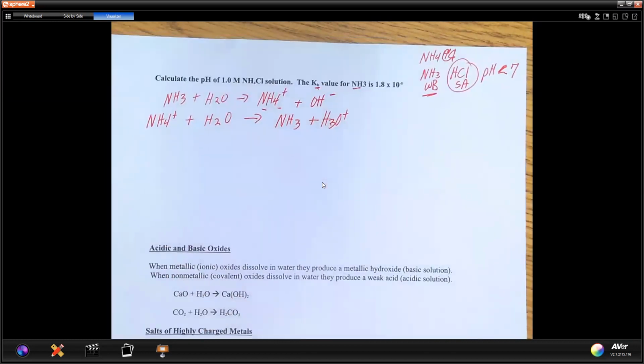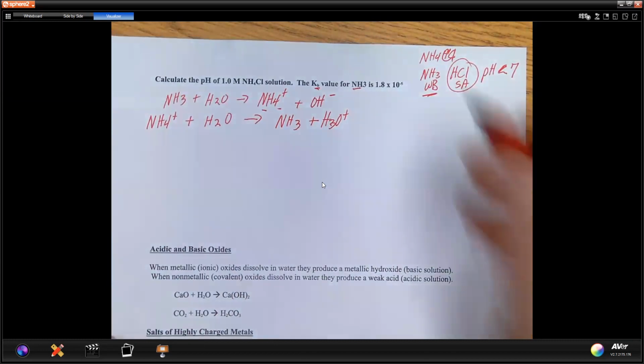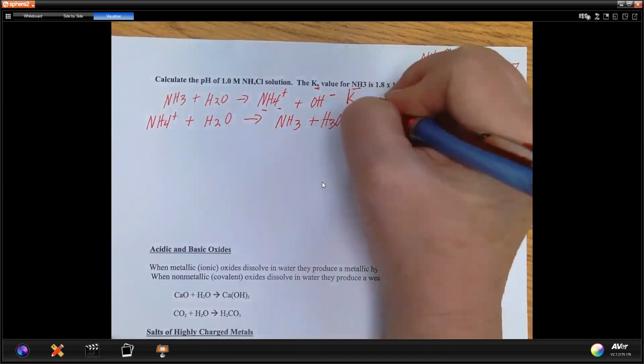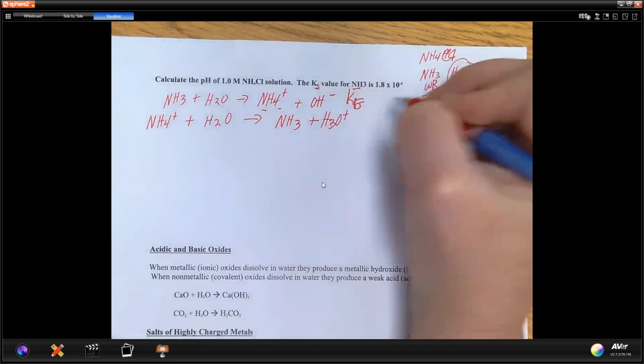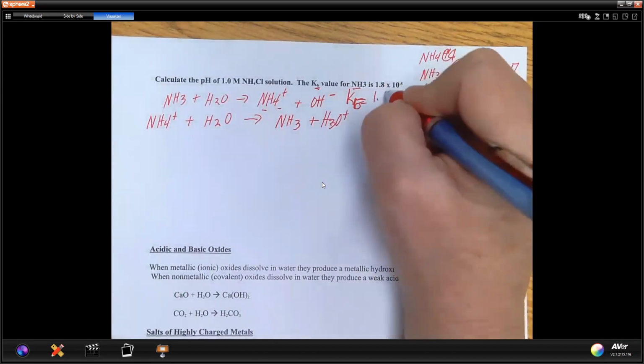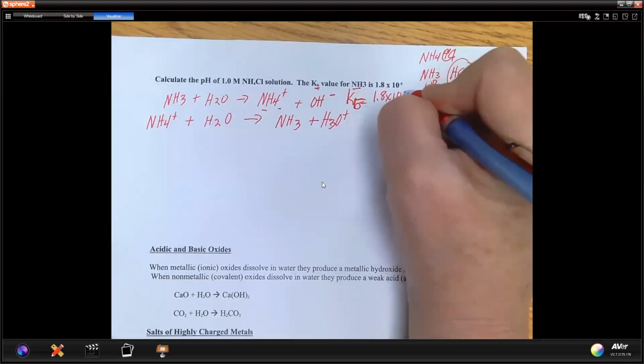And that's why I end up having a pH less than 7. So this is my Ka that was given, I'm sorry, Kb. Ammonia is a base. This was my Kb that was given to me.